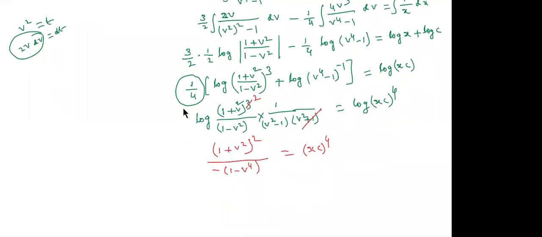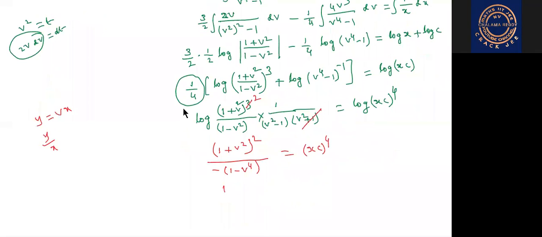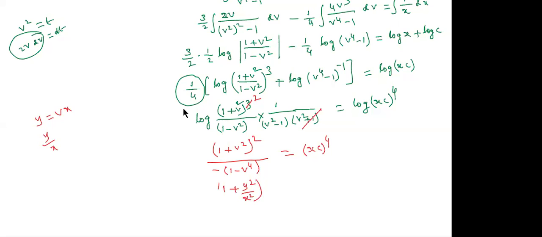Next, finally, in place of v, substitute y is equal to vx now. Then what is v? Y by x. Substitute here v square minus 1. Okay. 1 plus y square by x square whole square divided by, this is right the reverse, y power 4 divided by x power 4 minus 1, that is equal to xc, x power 4 into c.